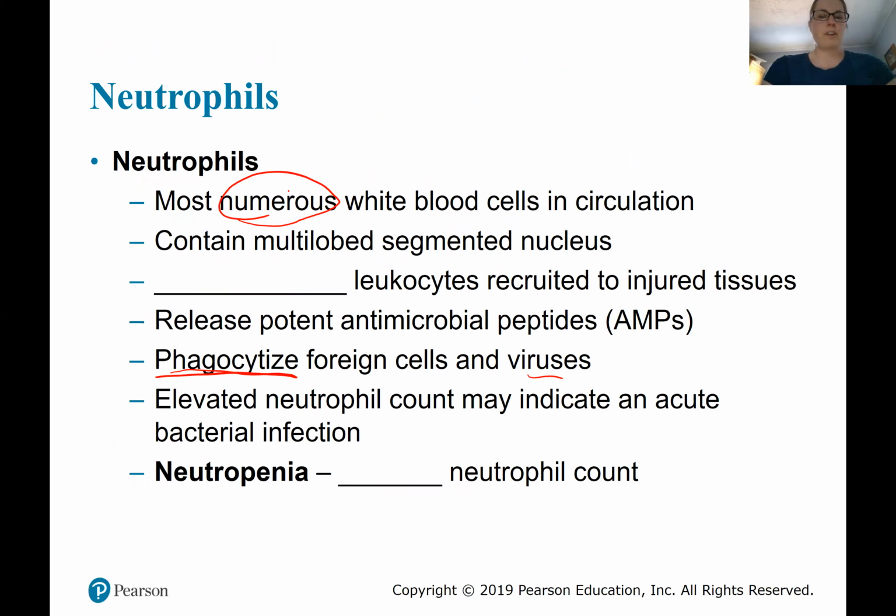They are the first white blood cell recruited, basically the first responders that are going to make it to an injury. As we said, an elevated neutrophil count could be an acute bacterial infection. Neutropenia would be a decrease. Penia means decrease, like with leukopenia.